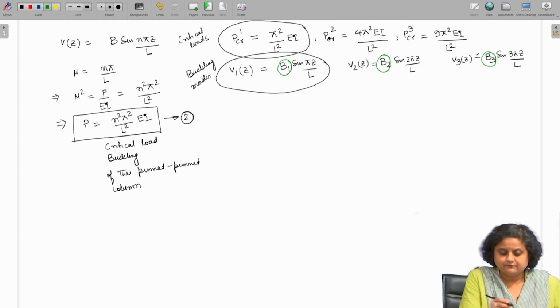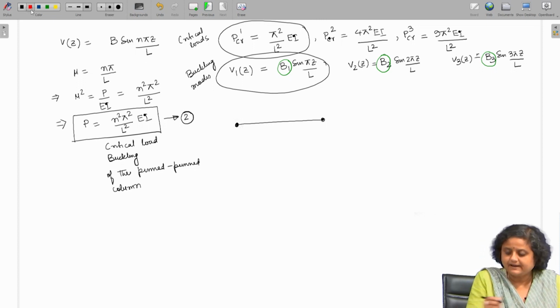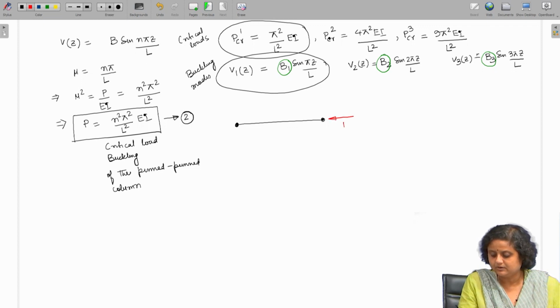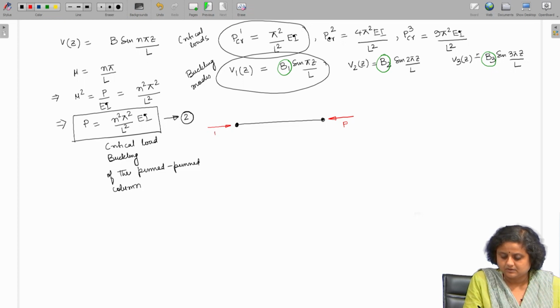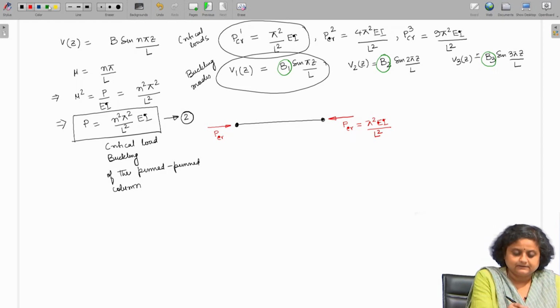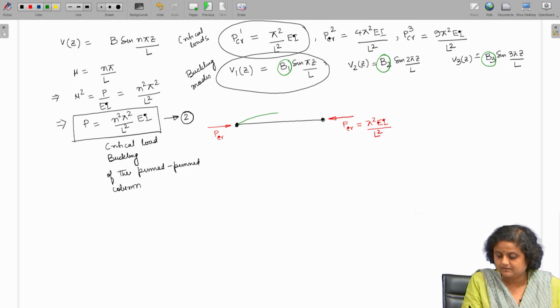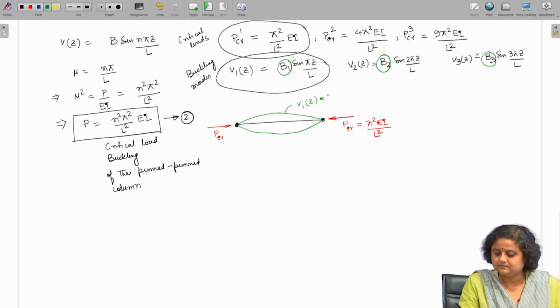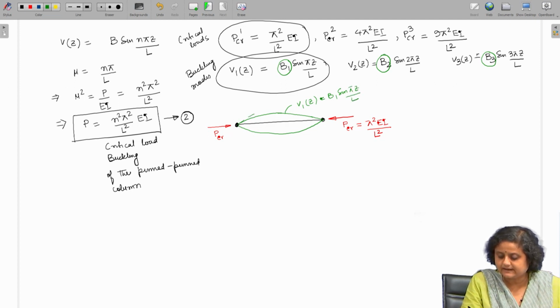Now, what will happen? If I have a pin column and I apply the first critical buckling load, P critical, which is pi square E I by L square, then the deformed shape is going to be governed by V1 z, which is B1 sine pi z by L. So, any of these is an acceptable deformed shape.